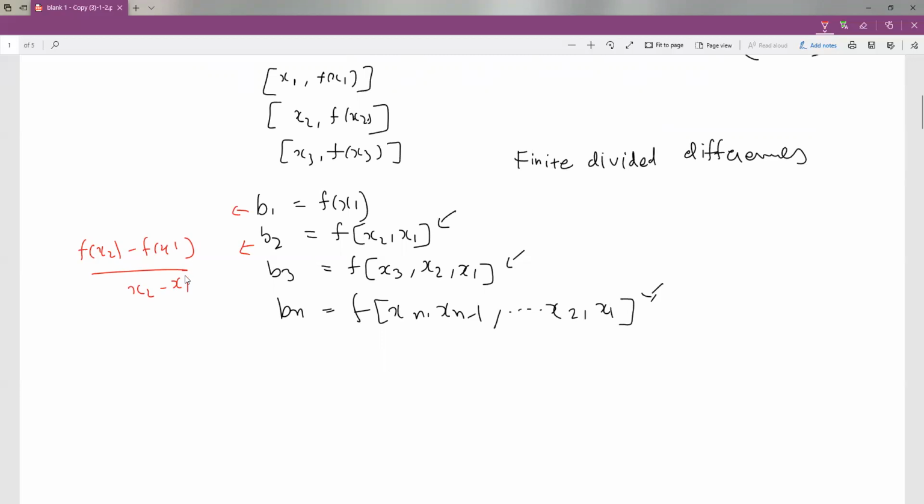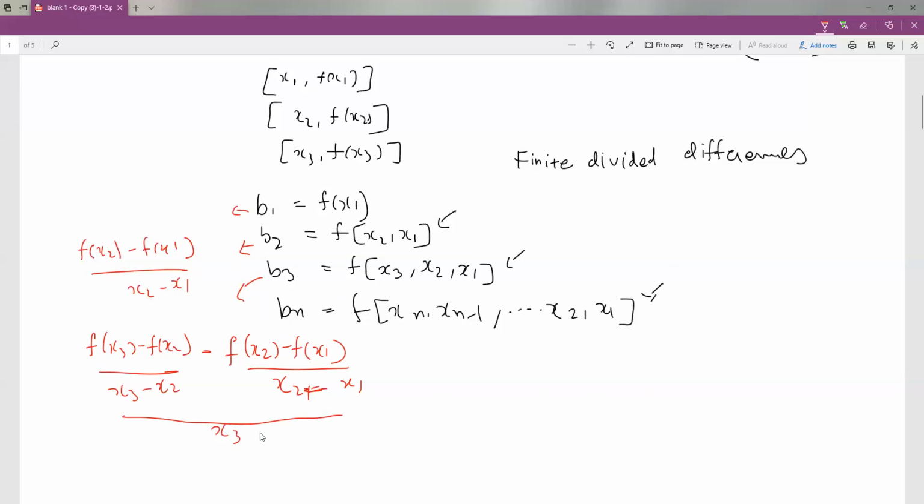And the third value which we evaluated, b3, was f of x3 minus f of x2 divided by x3 minus x2. We have slightly rearranged this term and derived f of x2 minus f of x1 divided by x2 minus x1, and the whole term divided by x3 minus x1.